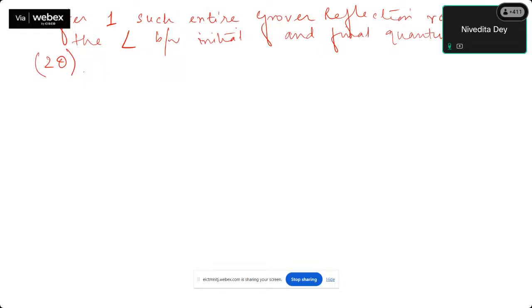Now there is a question. Say the initial superposed set of states contains 100 states, so it's a 7 qubit, some sort of thing. And out of which 99 states are definitely not the desirable ones, right? Say I want to find the state with the decimal value, say 94.